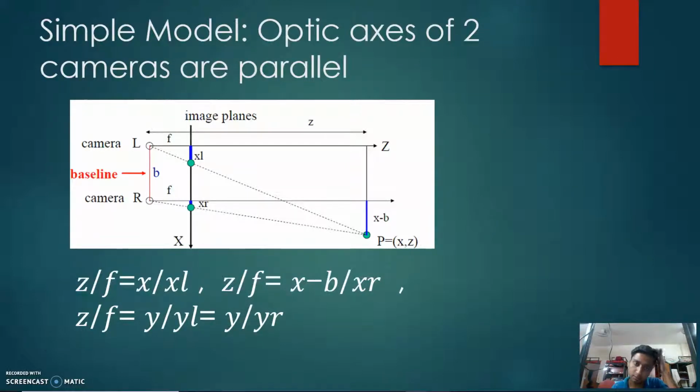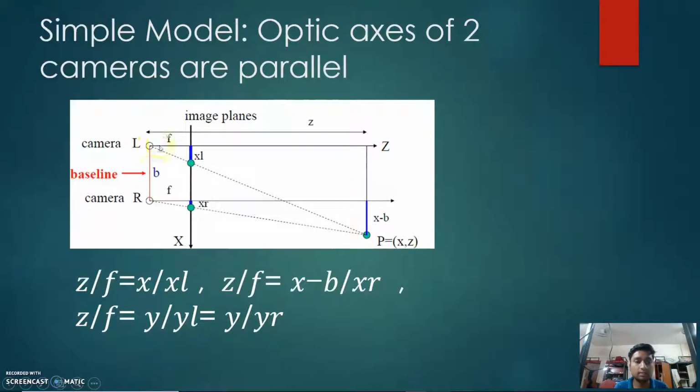So, the basic geometry behind this. Here there are two cameras, camera L and camera R, and they are pointing towards the object point P. The main objective is to find the depth, which is Z, and we do this by using the similar triangle property.